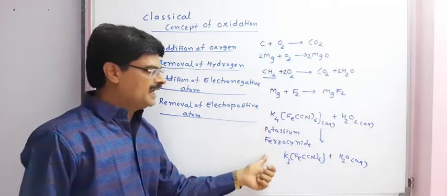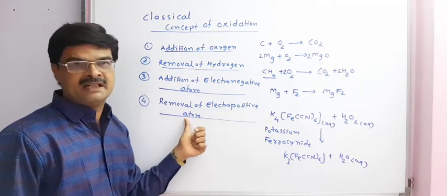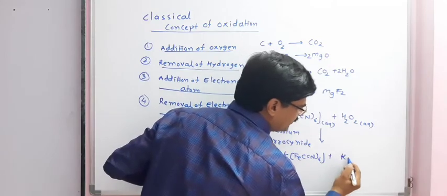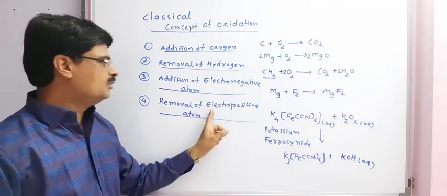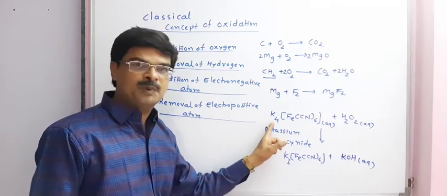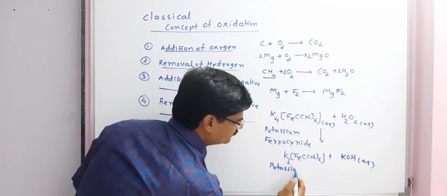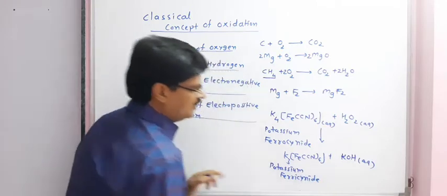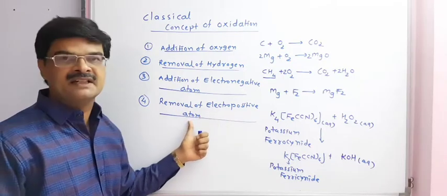We do not go with the balance of the reaction; we will understand just removal of electropositive atom. Here not H2 but KOH will be formed. In potassium ferrocyanide, K is 4 times, but in potassium ferricyanide, K is 3 times, which means there is removal of electropositive atom.